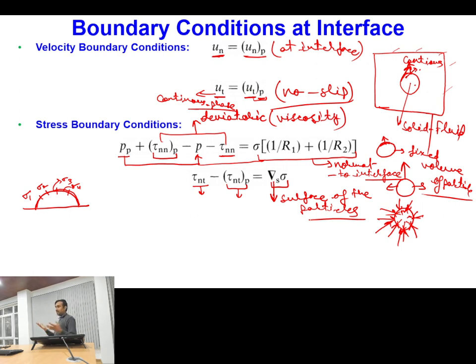So typically if you consider water, water is immiscible with air in normal atmospheric conditions. If you start heating water at atmospheric pressure and heat it above 100 degrees Celsius, what will happen?